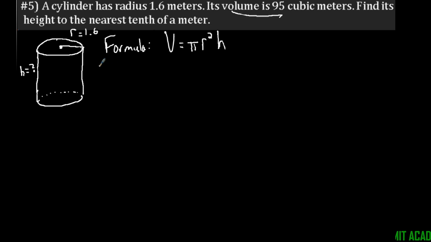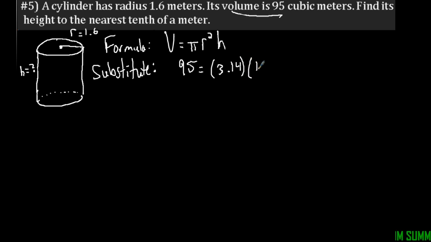So now this is going to be our substitute step. So we have 95 is equal to 3.14 for pi times 1.6 squared and times h, because h is unknown.